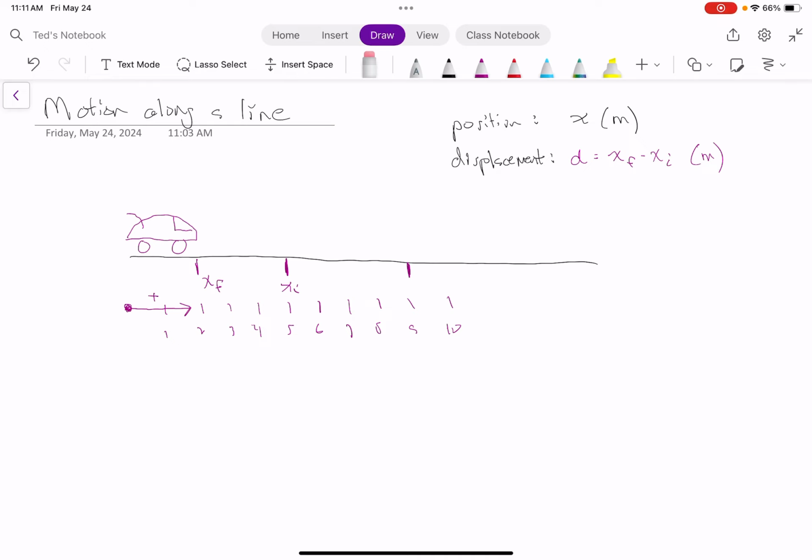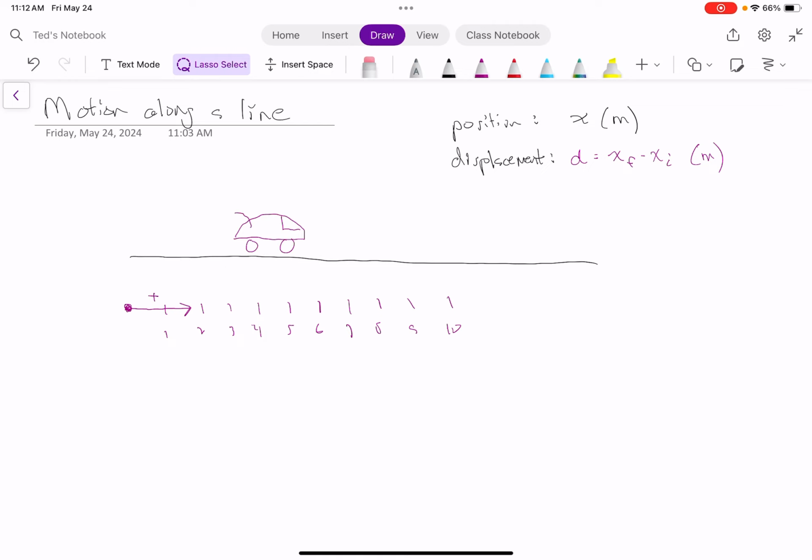Okay, that's great. So we understand displacement and position. Those are sort of the easiest things to describe about an object. But what if the object is moving? If it's moving, then it has a velocity.